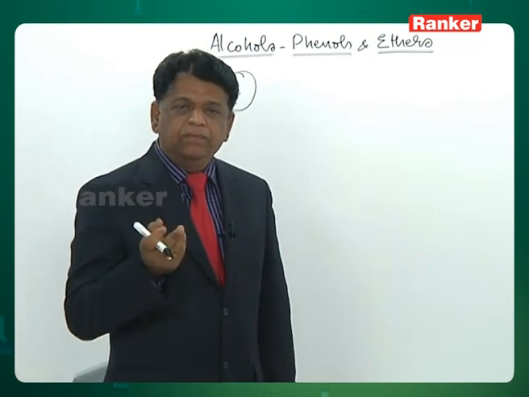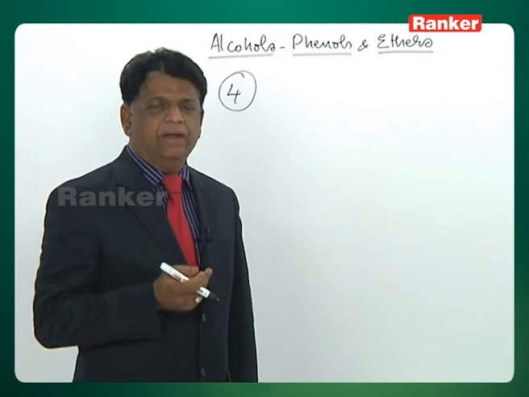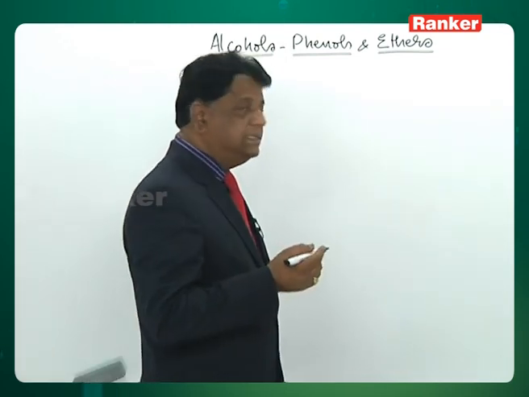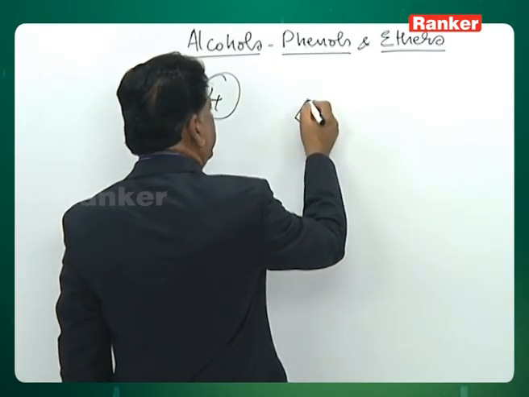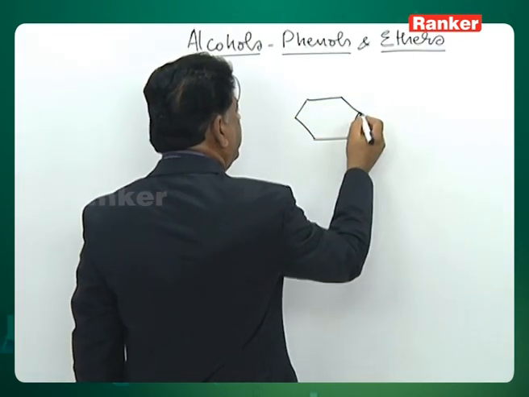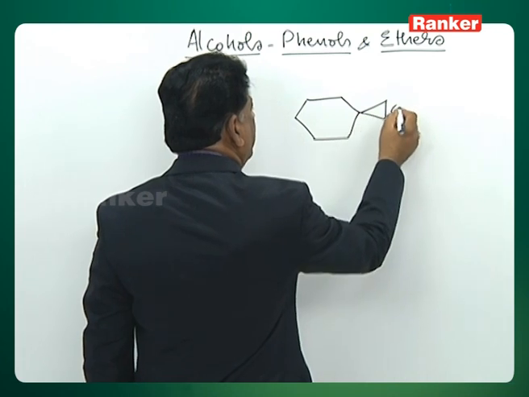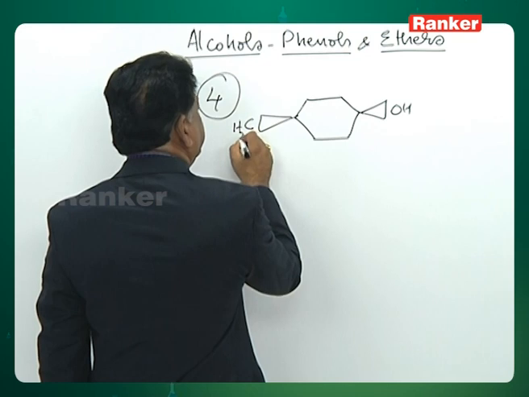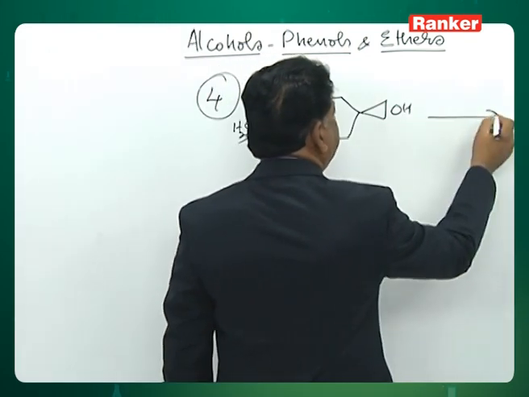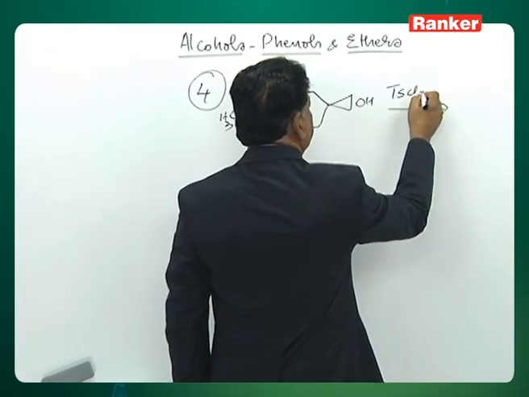On that, TsCl is added. What is TsCl? It is known as tosyl chloride. So it is a cyclohexane containing OH of beta type, and methyl is also beta type, and this was treated with tosyl chloride.